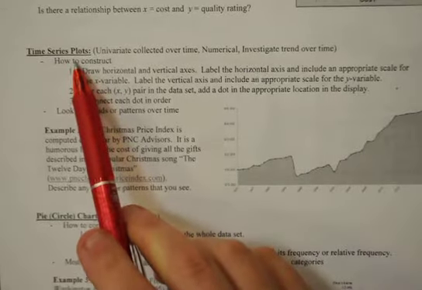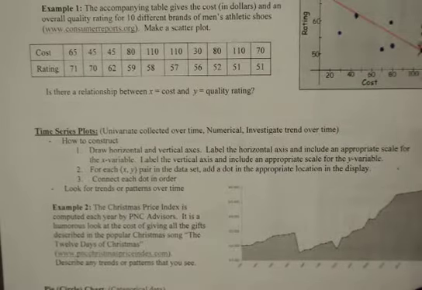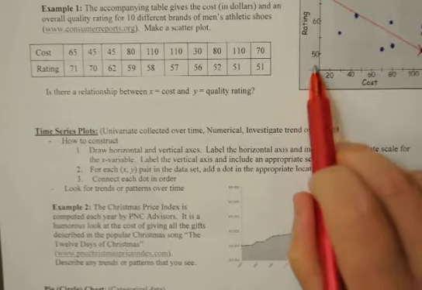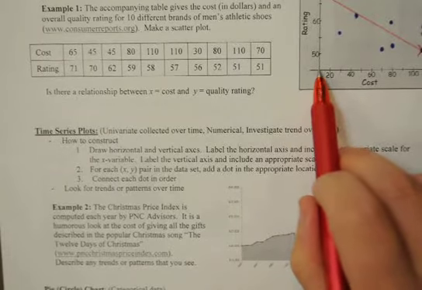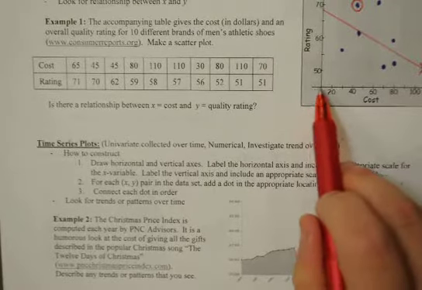The next thing is a time series plot, and you're just plotting points as time increases. Notice here that this didn't start at 0. It started at, say, 45, and then 50, 55, 60, and that's okay.